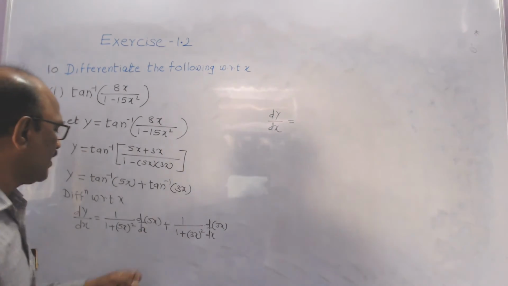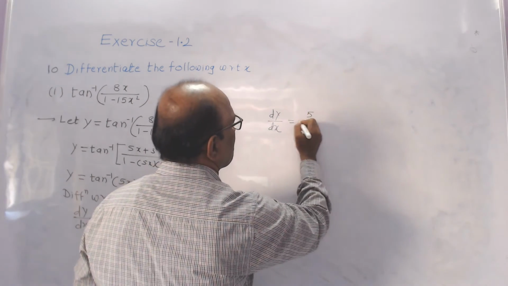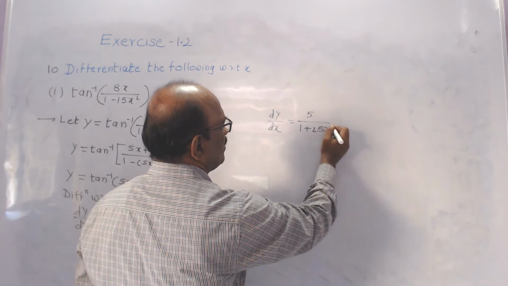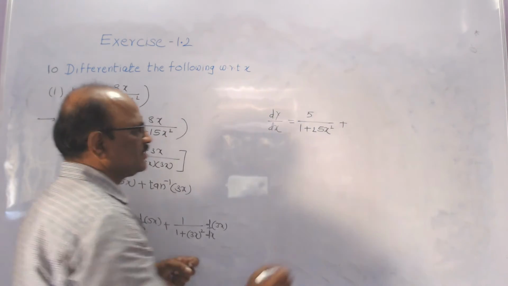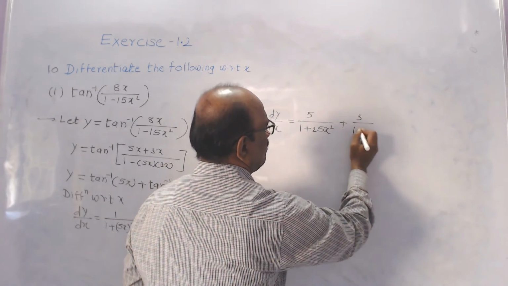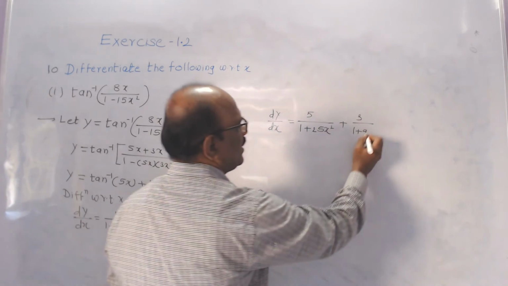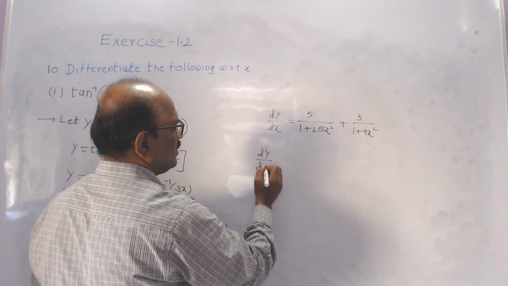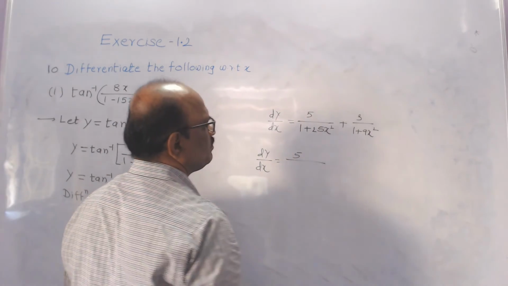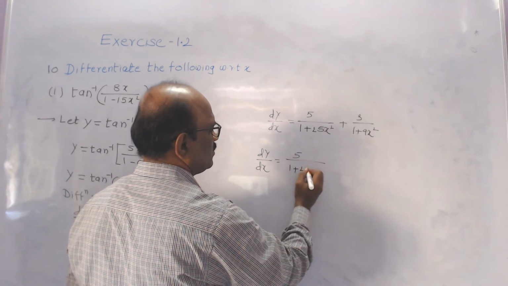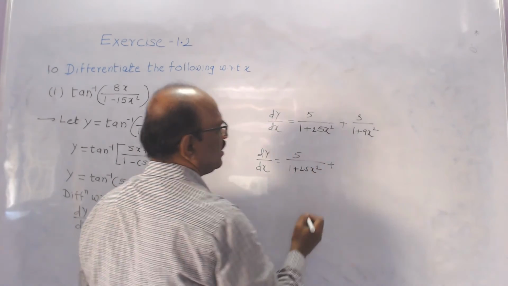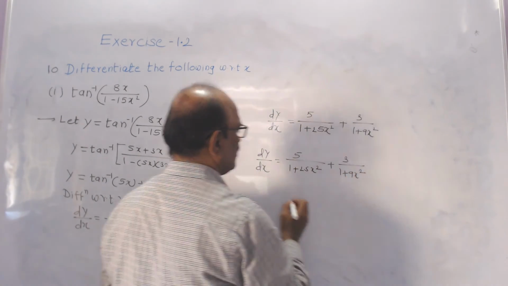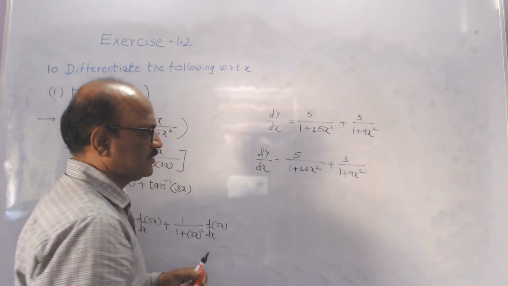and hence dy by dx is equal to, derivative of 5x is 5 upon 1 plus 25x square plus 3 upon 1 plus 9x square, and hence dy by dx is equal to 5 upon 1 plus 25x square plus 3 upon 1 plus 9x square, and this is the answer.